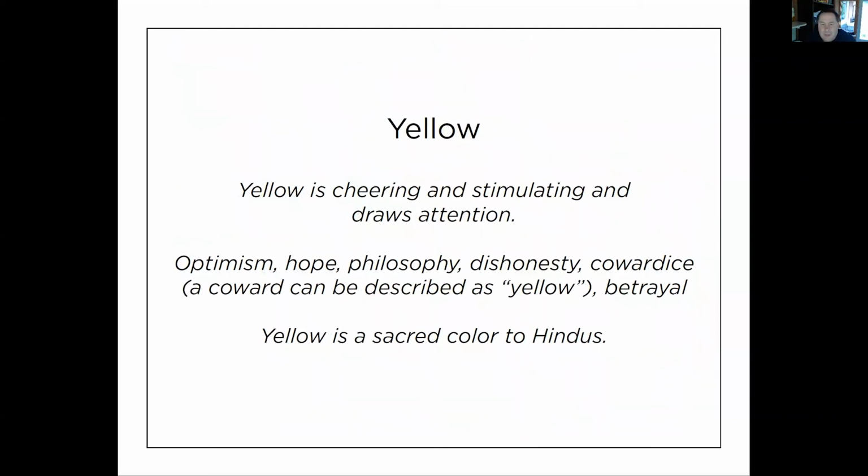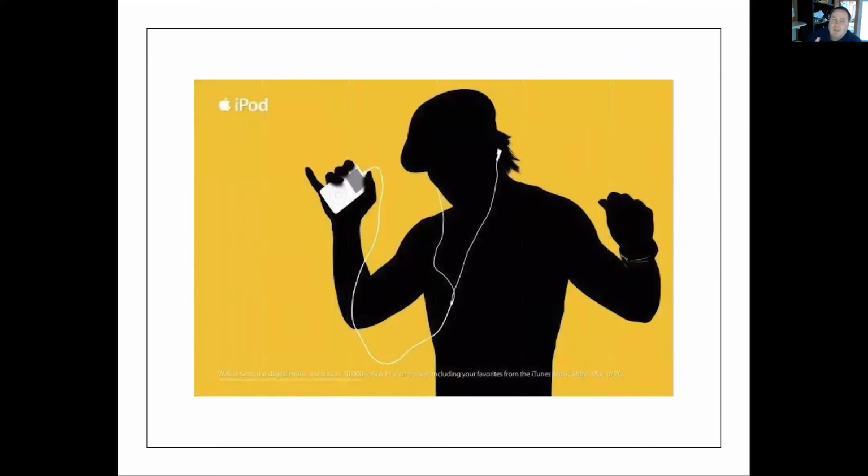Yellow is cheering and stimulating and draws attention. It deals with optimism, hope, philosophy, dishonesty, cowardice. A coward can be described as yellow. Betrayal. Yellow is a sacred color to Hindus. It's very bright and very vibrant.